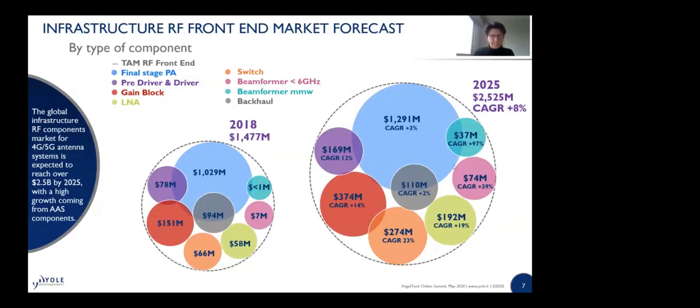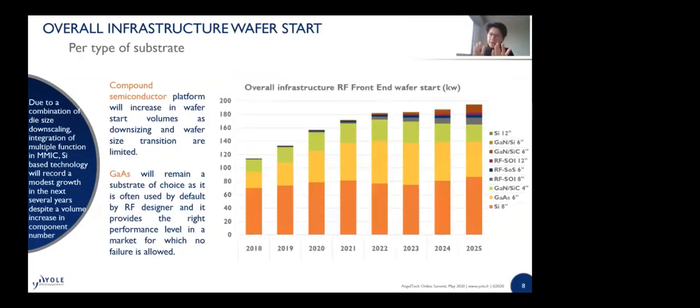Okay, so now if we look in terms of wafers, we made the exercise to go down to the number of components needed in this base station and looking at the die size, how much does it represent given the different semiconductor technologies we have. So overall, the wafer starts will see a growth similar to the market growth. Okay, so we are in an expansion phase before it will be plateauing due to the limited investment, in fact, from the telecom operators.